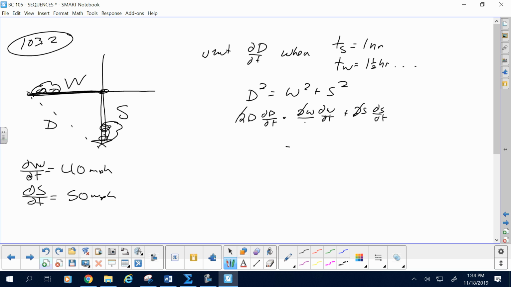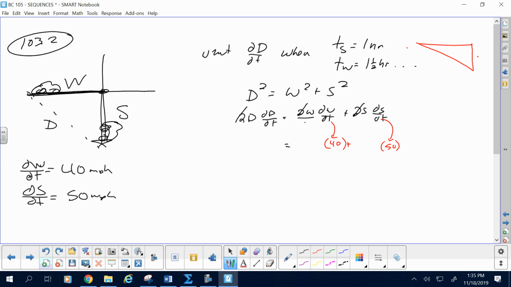Do you want to solve then substitute or substitute then solve? Let's substitute, shall we? You know dW/dt is 40 and dS/dt is 50. So far so good. At the instant they talk about, this guy has been traveling 1 hour. So what is his distance?